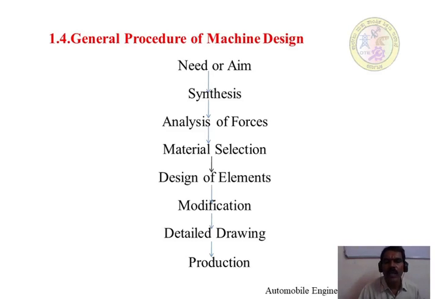First is need or aim, synthesis, analysis of forces, material selection, design of elements, modification, detailed drawing, and production. These points are very important for the procedure of machine design.